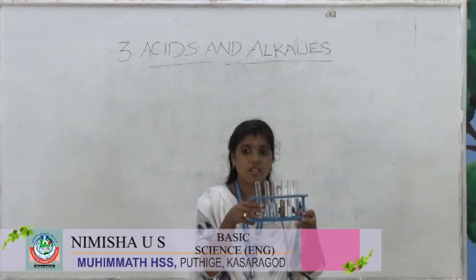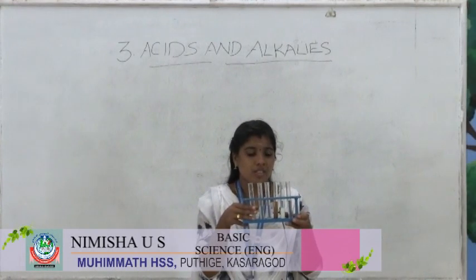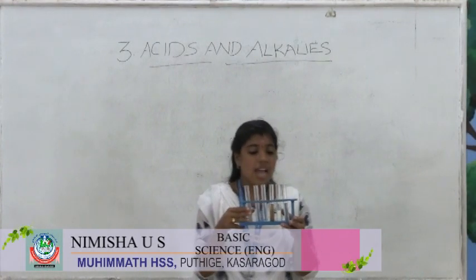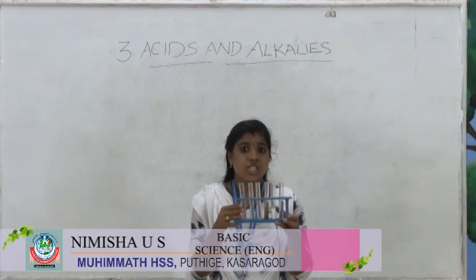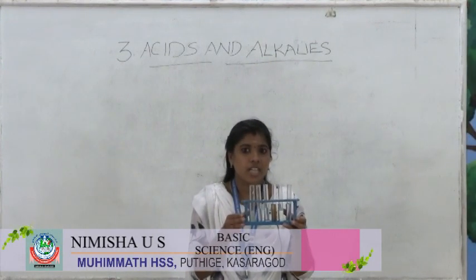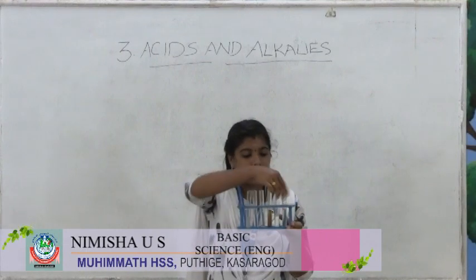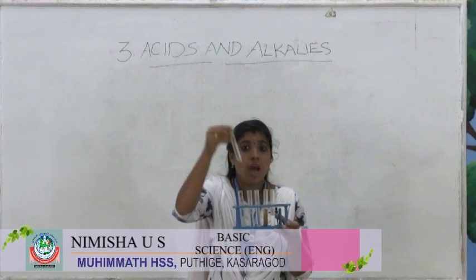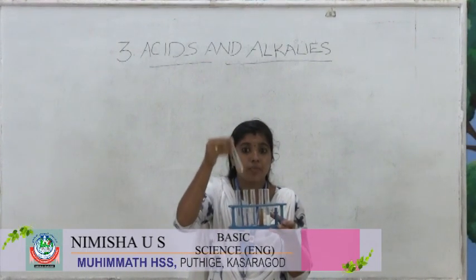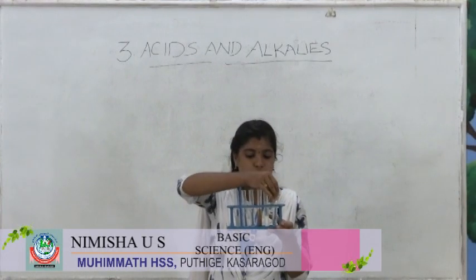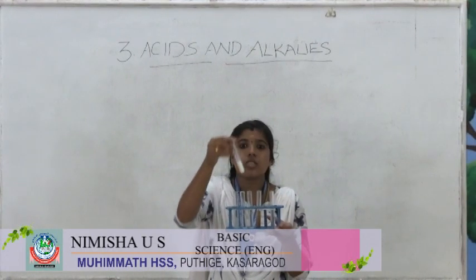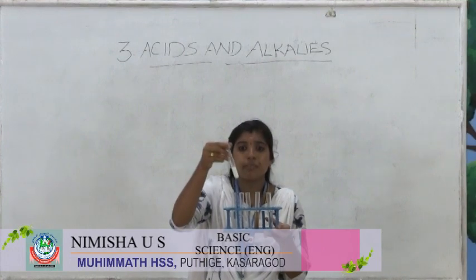See this one. What are these? Okay, test tubes. I have taken different solutions in different test tubes. See here, this is the plain water. I have taken the plain water in a test tube, and this one is the buttermilk.